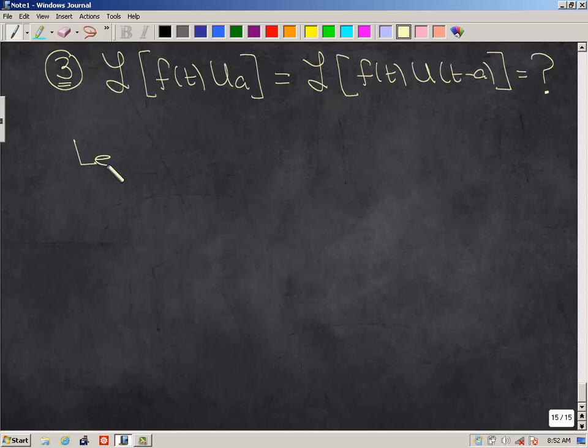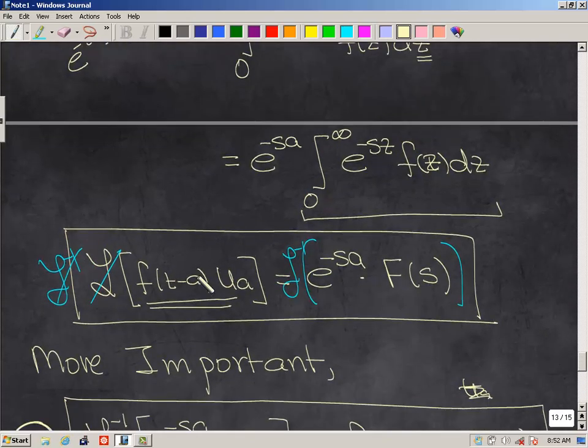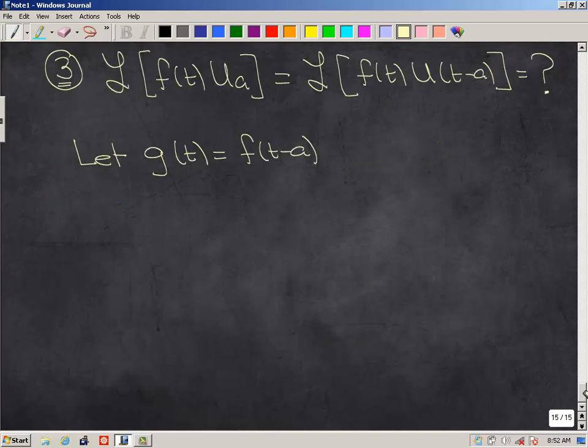So I'm going to start by making a substitution. Okay. I'm going to let g of t equal f of t minus a. So in this property 2 here, I'm going to call this g of t. And now that I did that, I realized something. I want to call this g also. All right.